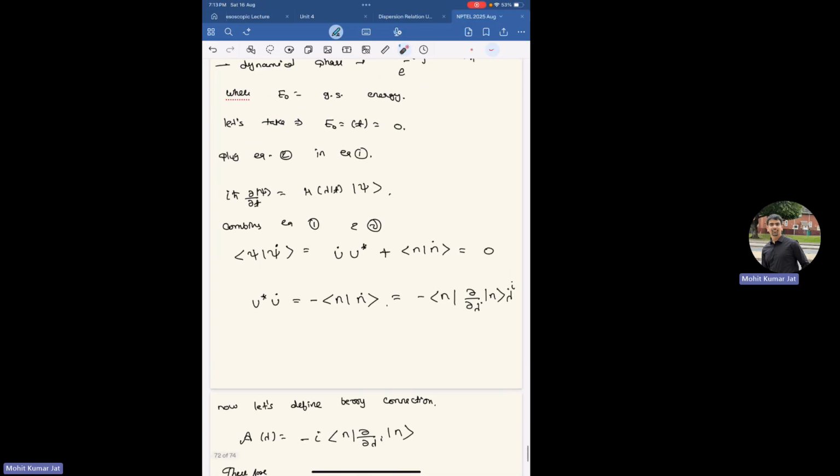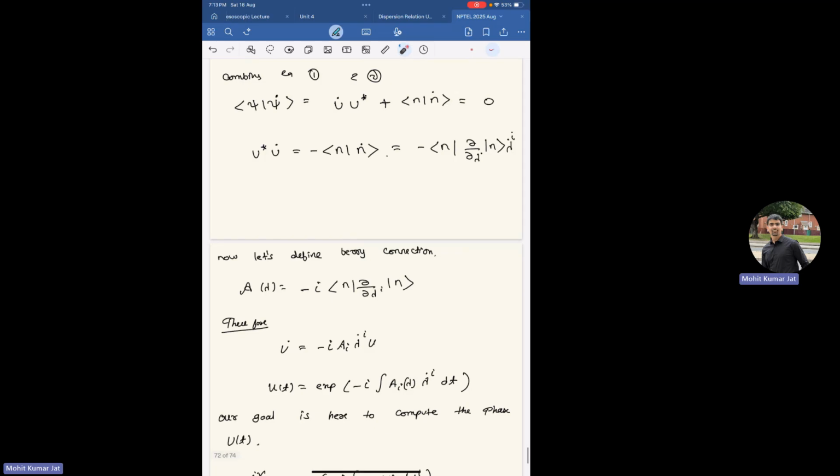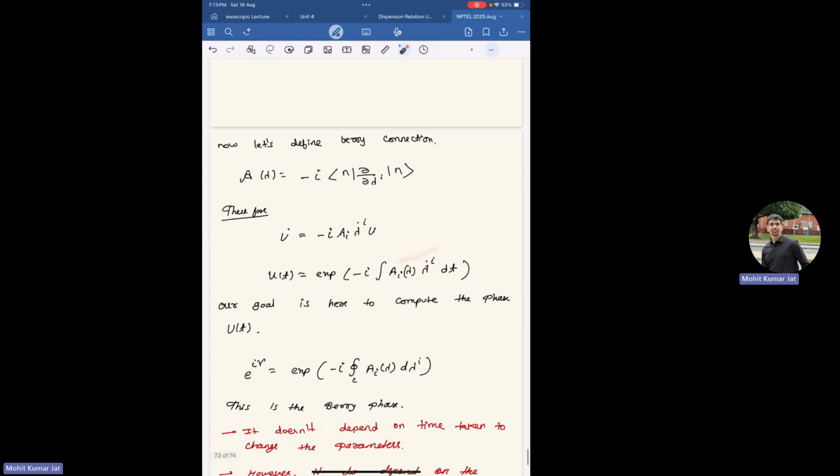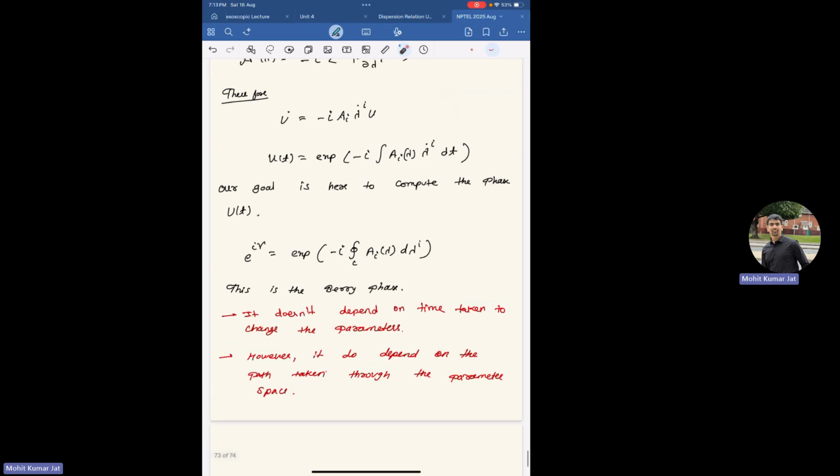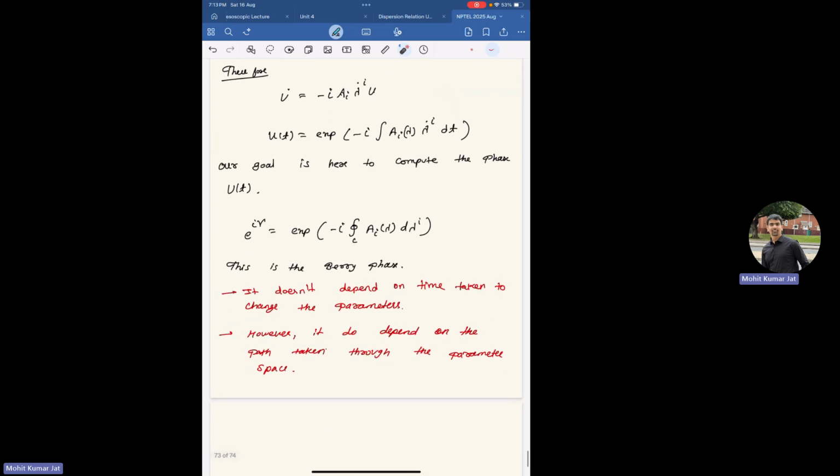Then you substitute equation 2 into 1, solve the equation, and what you get is the Berry connection, which is minus i times the expectation value of d by d lambda in the eigenstate n. You also get the Berry phase, which is the integral of the Berry connection over the closed path.